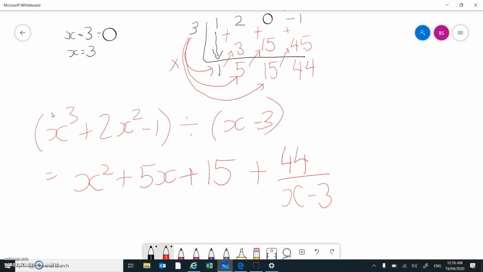I will also do this now using polynomial long division. If you're comfortable with this, you don't need to watch this part, but I'm going to do it so we revise polynomial long division.